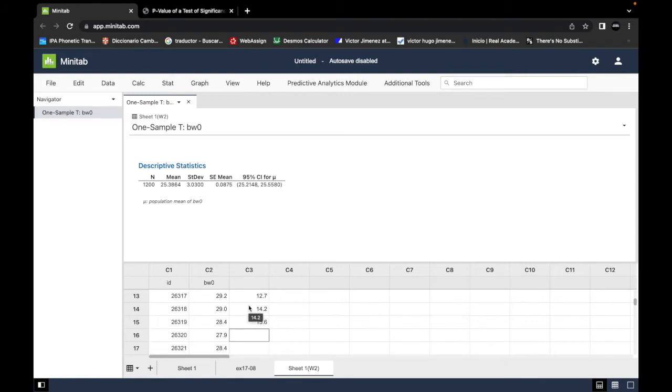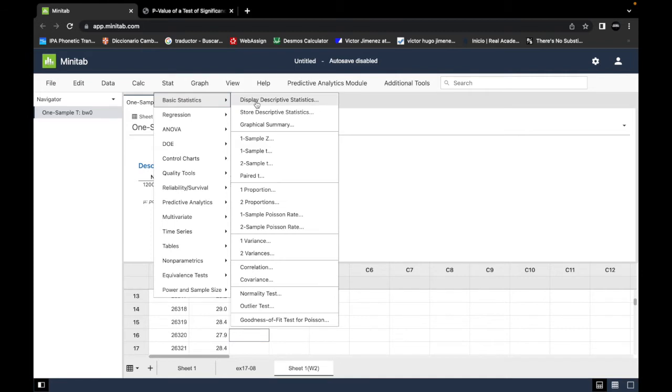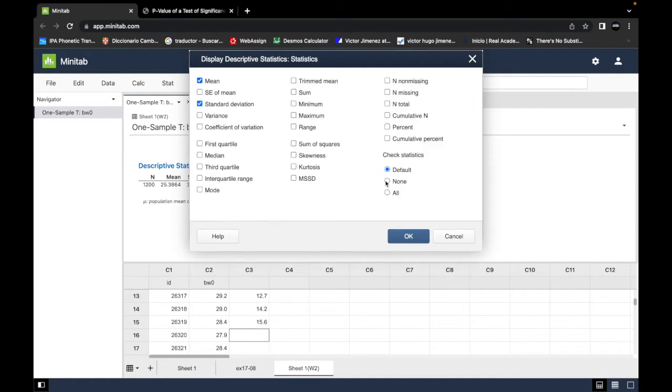So first we have to compute the mean and the standard deviation, because the problem is asking for this. How to do that? Go to Stat, Basic Statistics, Display Descriptive Statistics, and use the column C3. The only statistics we need for now are the mean and the standard deviation.